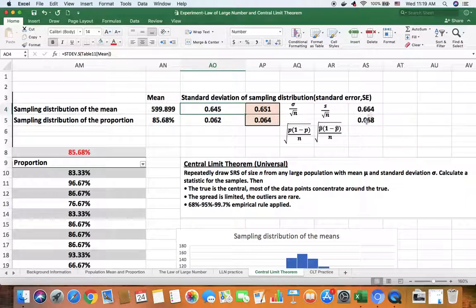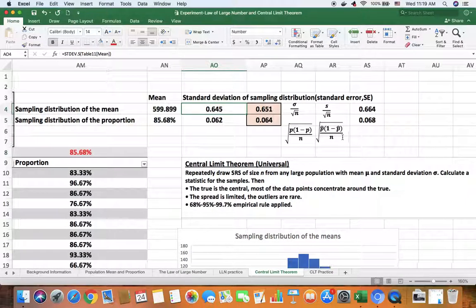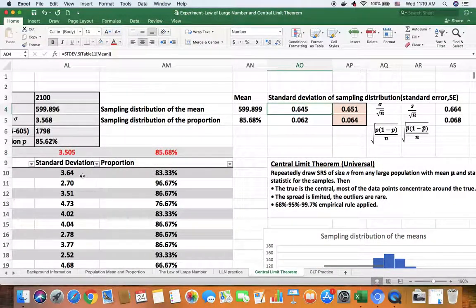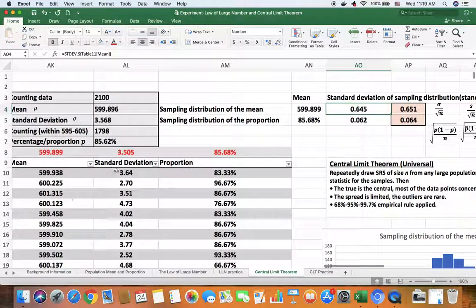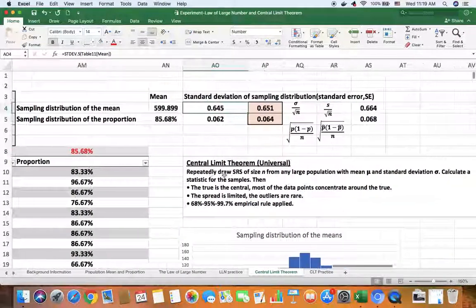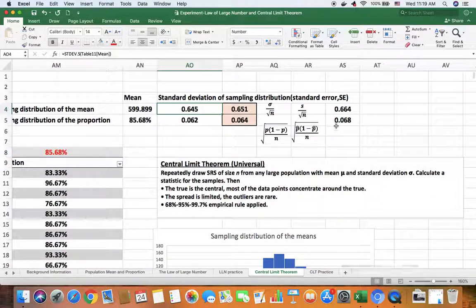I just used sample one's standard deviation and proportion to substitute into this formula to calculate these two values. They are very close, acceptably close.